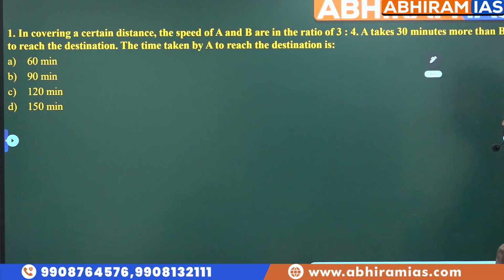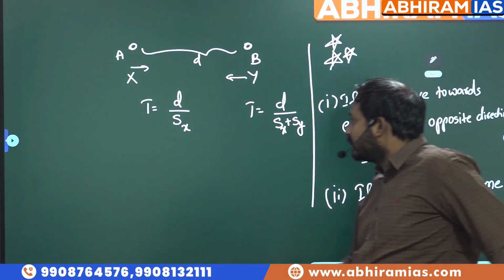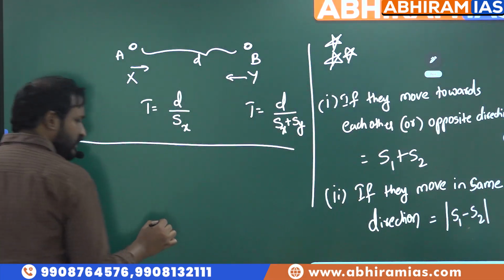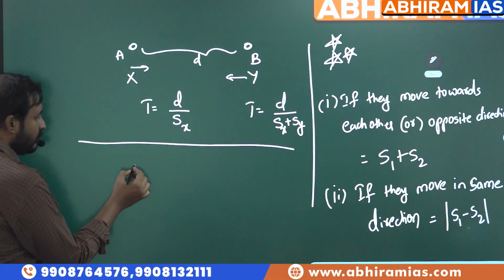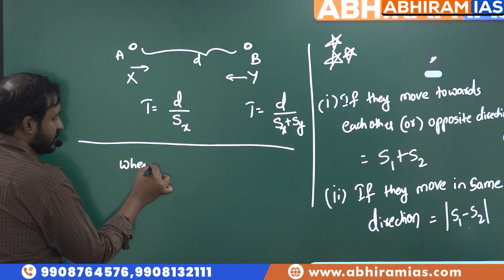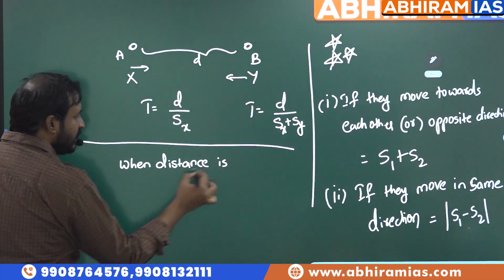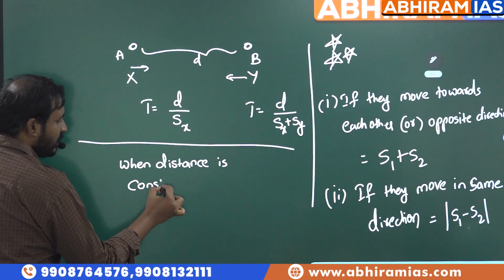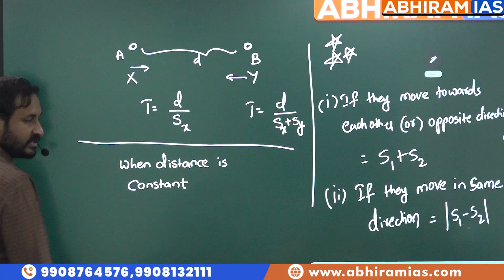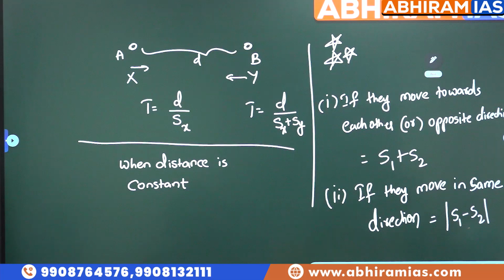Now, we should know one small thing here, students. We discussed that one earlier also. When distance is constant, what is the relation between speed and time, students? Inverse relation.